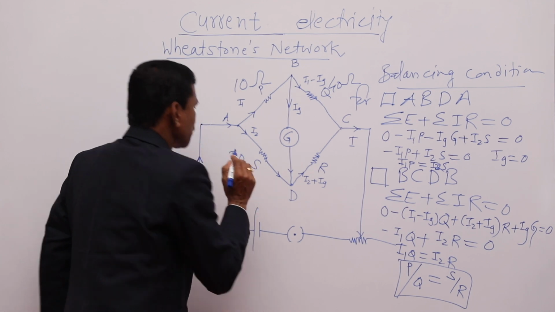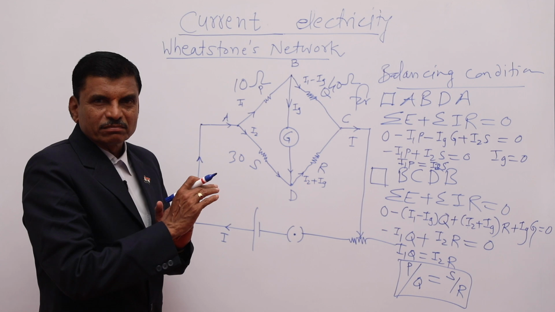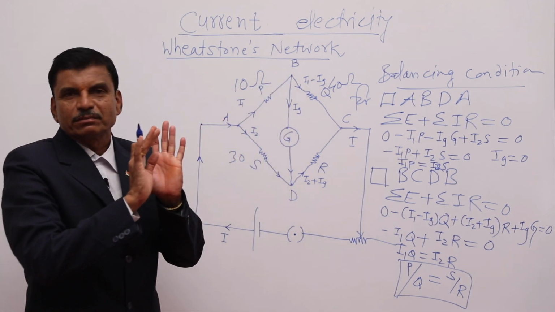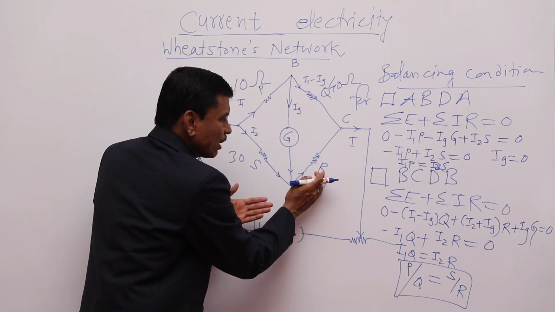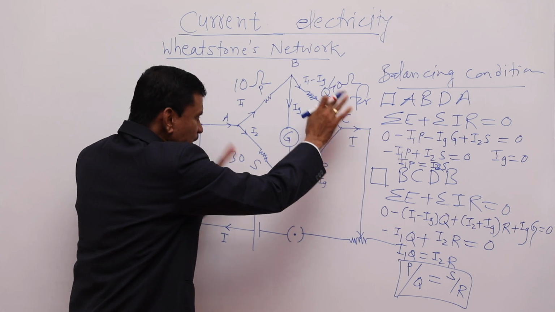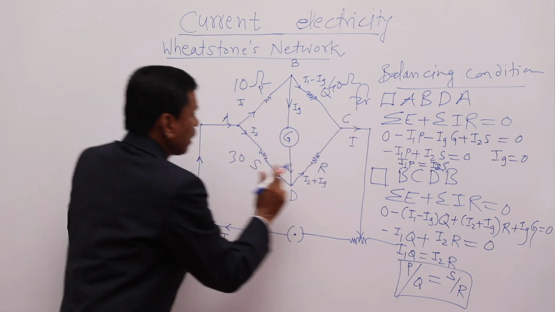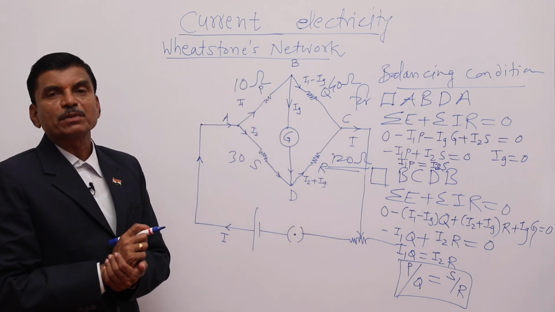Let this be 30 ohm, and we don't know resistance R. But the network is balanced, the galvanometer is showing 0 deflection. So what will be the value of resistance R? 10 times 4 is 40. In a similar way, 30 times 4 will be 120 ohm. So in this way, an unknown resistance can be obtained.